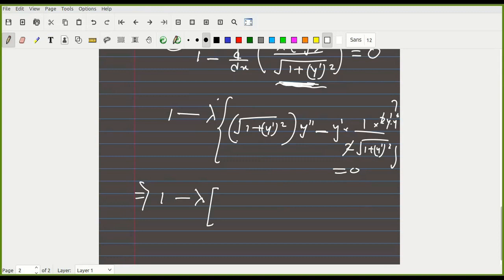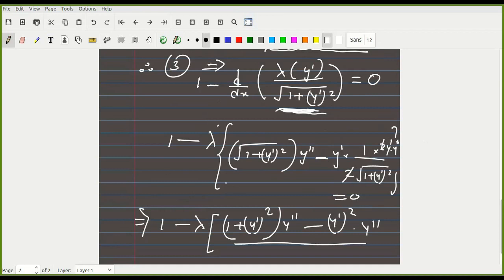So that becomes root and root leads to 1 plus y dash whole square times y double dash minus, here you see y dash the whole square times y double dash, the whole divided by... this is just the numerator of the differentiation.